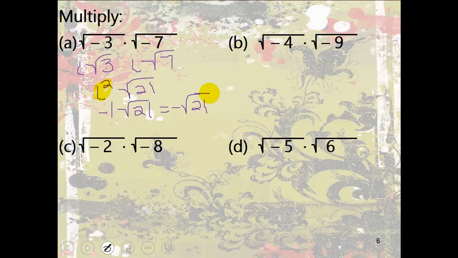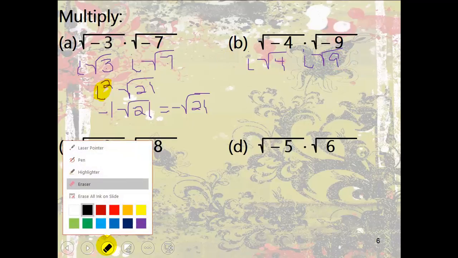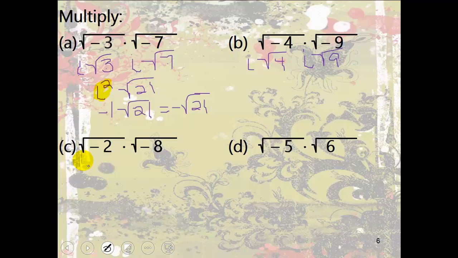B, I'm going to pull out the i, and I get the square root of 4 times i times the square root of 9. These are both perfects. So this is 2i times 3i, which equals 6i squared.